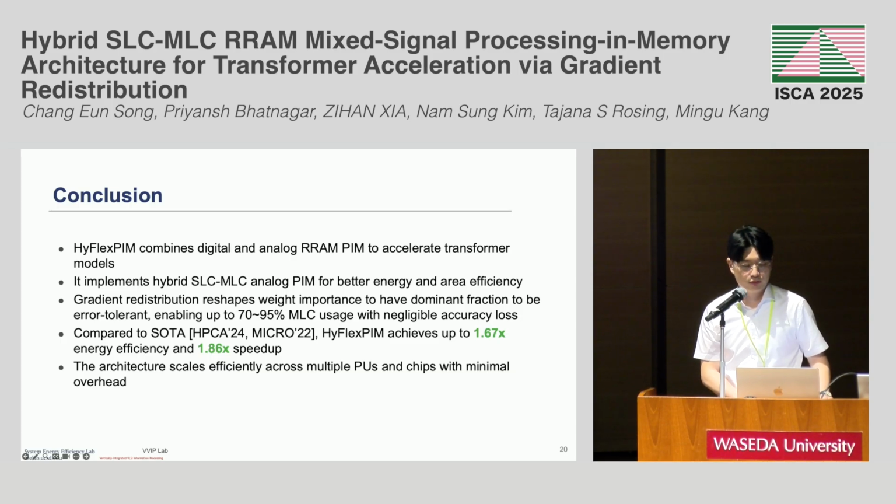And we propose the gradient redistribution techniques, which can reshape the weight importance to have a dominant fraction be error tolerant, enabling up to 70 to 95% of the multi-level cell usage with negligible accuracy loss. Compared to the SOTA models, it achieves up to 1.67 times energy efficiency and 1.86 times the speedup. And also our HiFlex PIM scales efficiently across the multiple processing units and chips with minimal overhead.